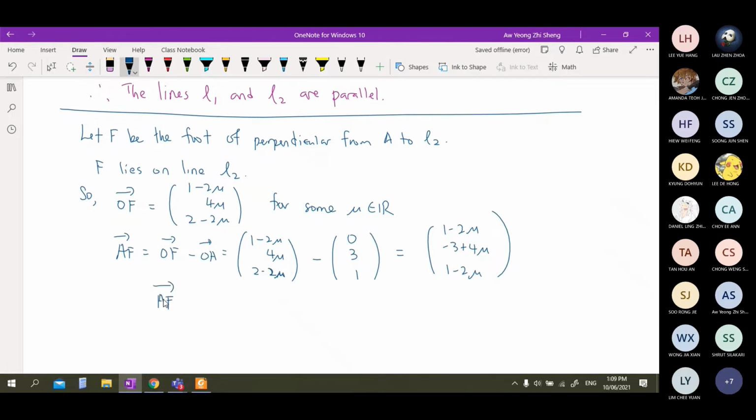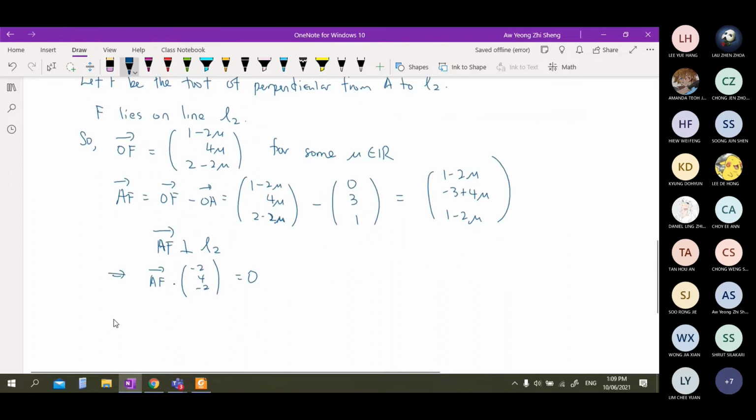Then notice that AF is perpendicular to line L2, which means AF dot with the direction vector of L2 is equal to 0. You can sub in AF.